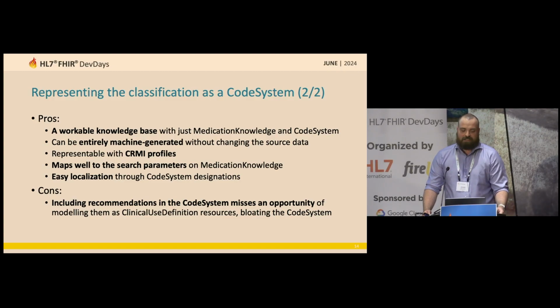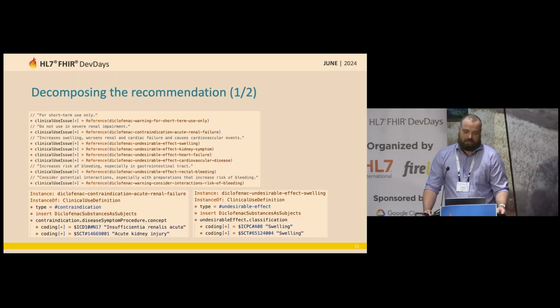But the one glaring con of this approach is that it misses the opportunity of actually modeling those clinical particulars contained in the recommendation as structured resources. And for that, we can use the other clinically relevant resource type, that being the clinical use definition.